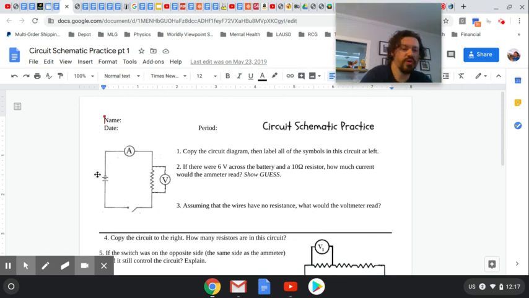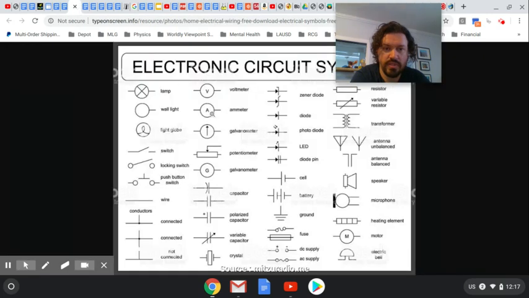You should know that this is a battery. You're going to want to memorize that. You probably already memorized that this is a switch. You probably don't know what these things are. And you might know that this is a resistor. So the A stands for ammeter, and the V is for a voltmeter. And I actually have this thing to show you today. This is a multimeter. It does all that stuff.